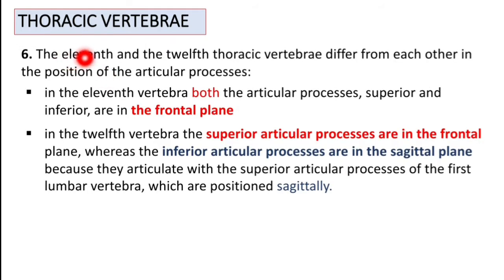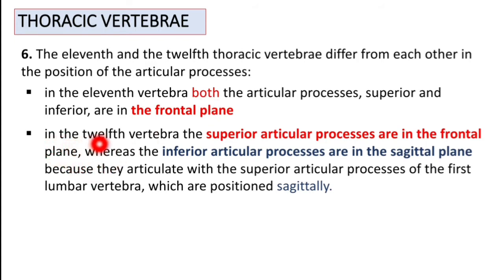The 11th and the 12th thoracic vertebrae differ from each other in the position of the articular processes, right? So in the 11th vertebra, both the articular processes, the superior and the inferior, are in the frontal plane, right?